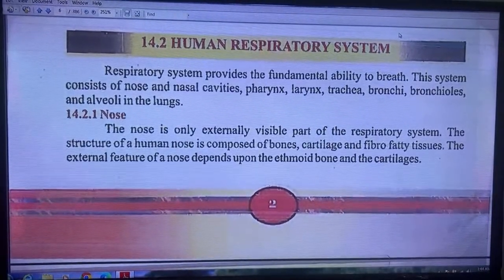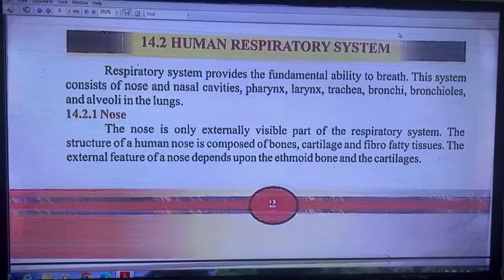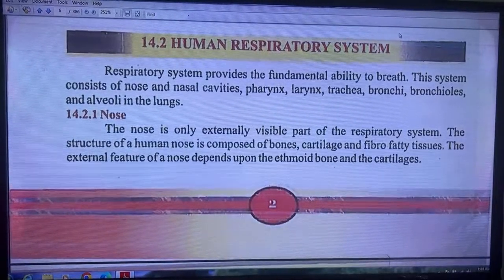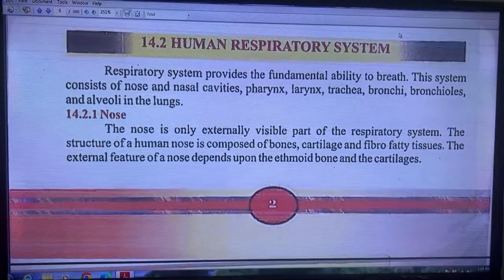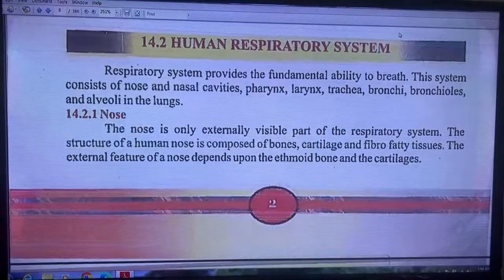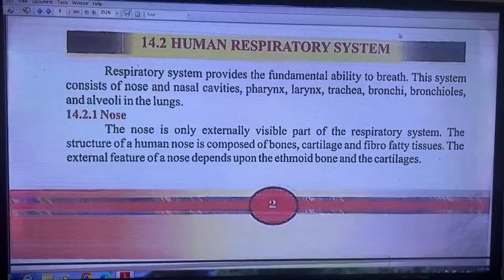Nose. The nose is the only externally visible part of the respiratory system. The structure of the human nose is composed of bones, cartilage, and fibrofatty tissues. The external features of the nose depend upon the ethmoid bone and the cartilages.